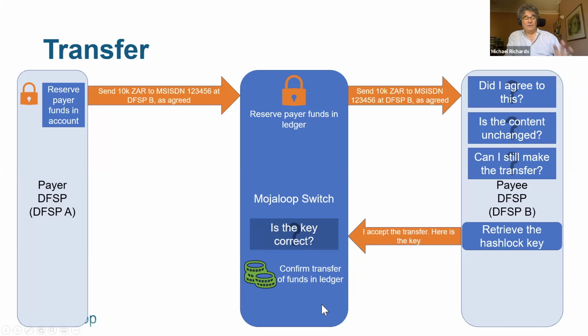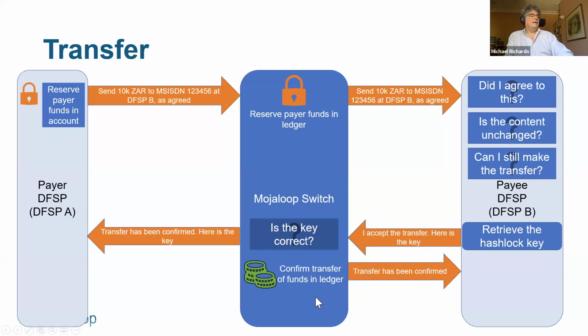And at that point, the payer is on the hook to settle those funds with the payee. It now sends a message to the payer saying the transfer has been confirmed and here is the key. And optionally, it sends a message back to the payee to say, I have confirmed the funds.